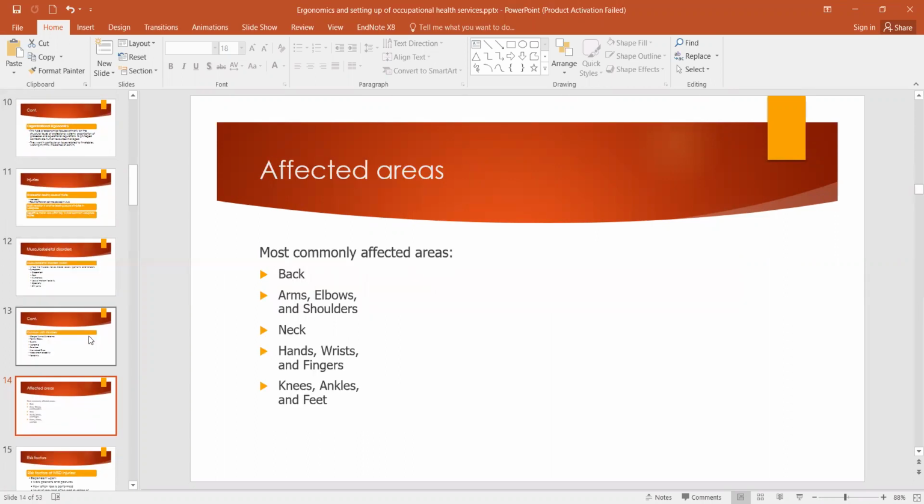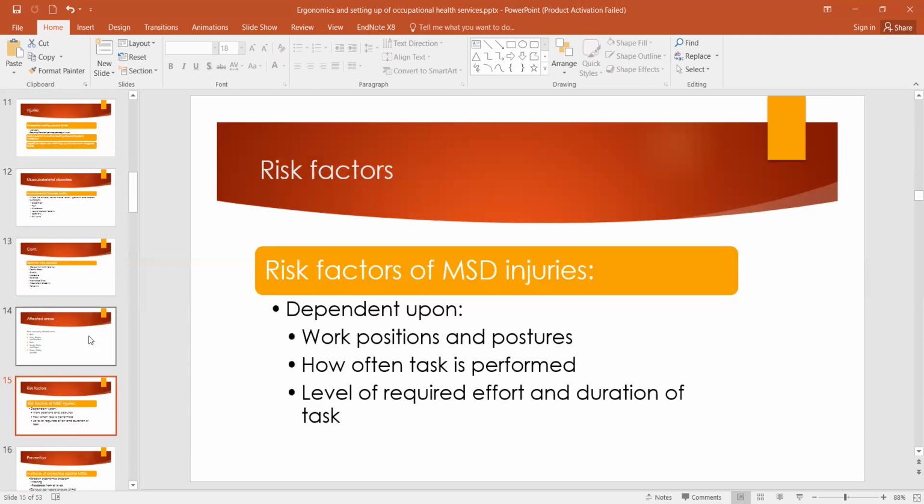The most commonly affected areas are back, arms, elbow, shoulders, neck, hand, wrist and fingers, knees, ankle, and feet. These are the most common areas affected in musculoskeletal disorders.